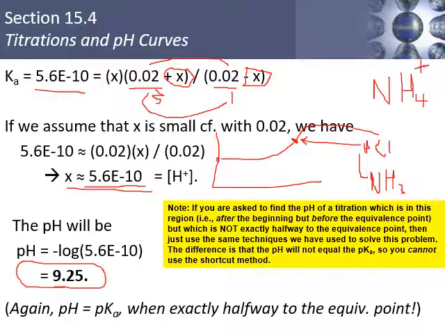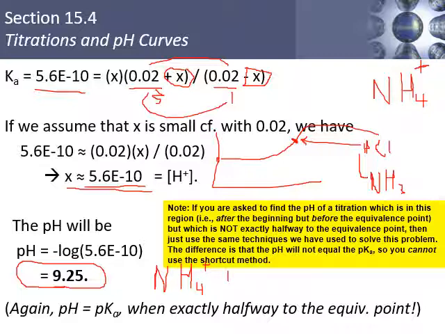I talked about this also in your work problems, but what you're going to have to do at the equivalence point when you're doing a weak base strong acid is write this across the top of your ice table as NH4+, and of course plus water.